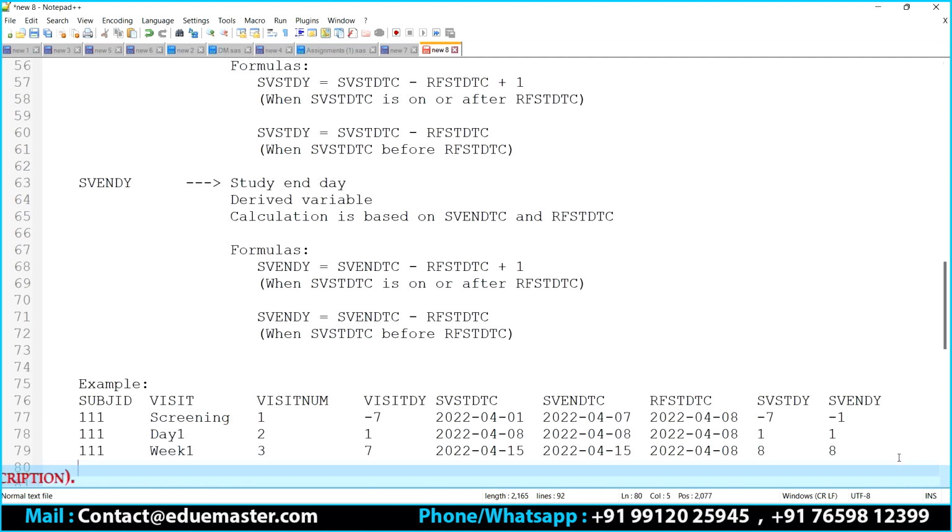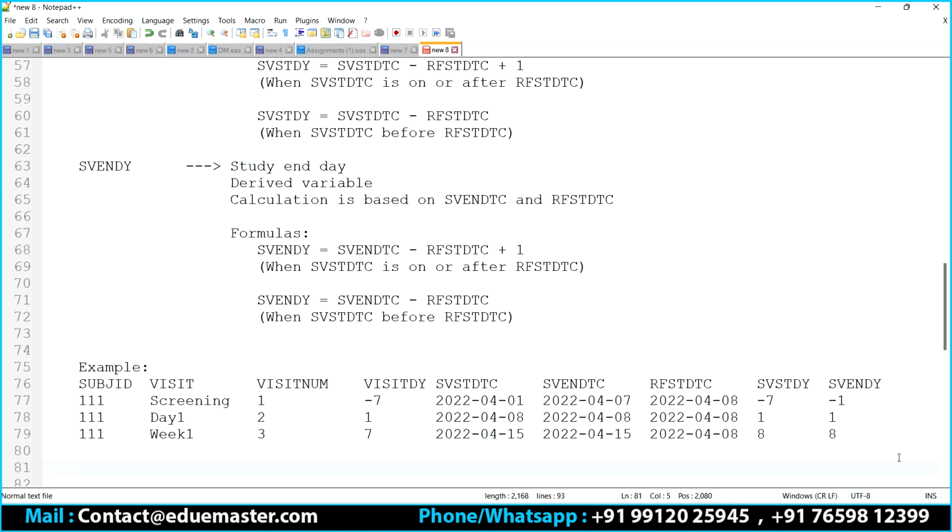Yes, this is done. So one last variable which is present, and that last variable is nothing but your SVUPDES. Maybe I can type it.